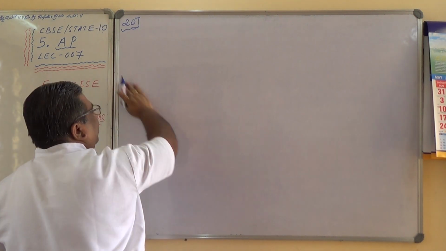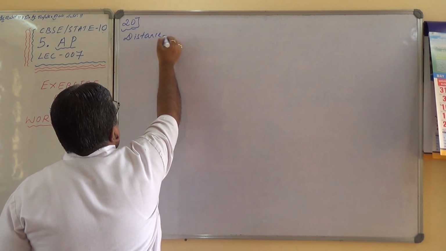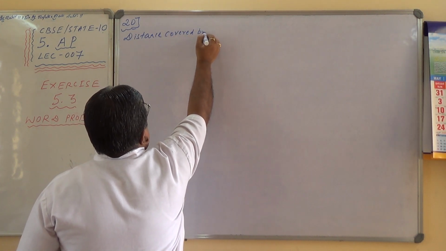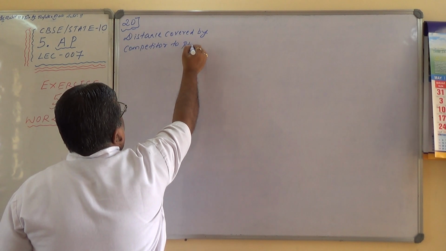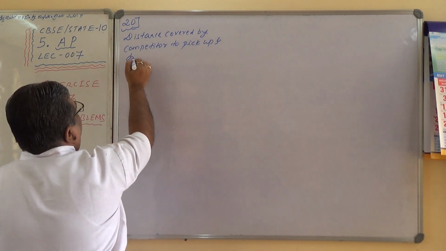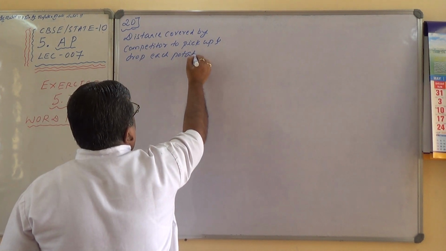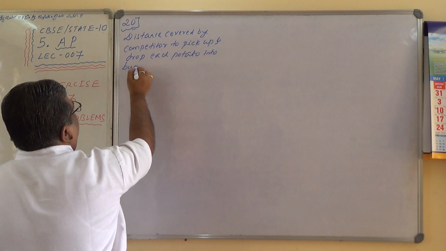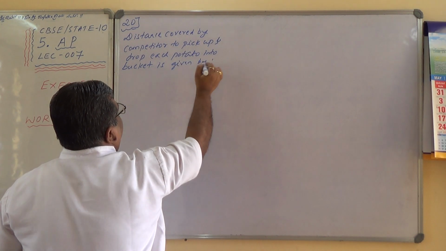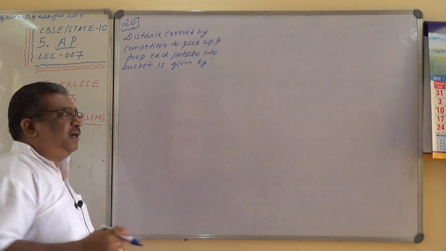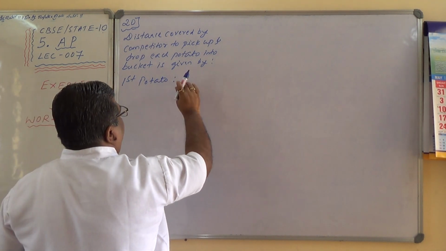So, 20th question, potato race question. Distance covered by the competitor to pick up and drop each potato into the bucket is given by: first potato, the distance is 5 plus 5, 10 meters.